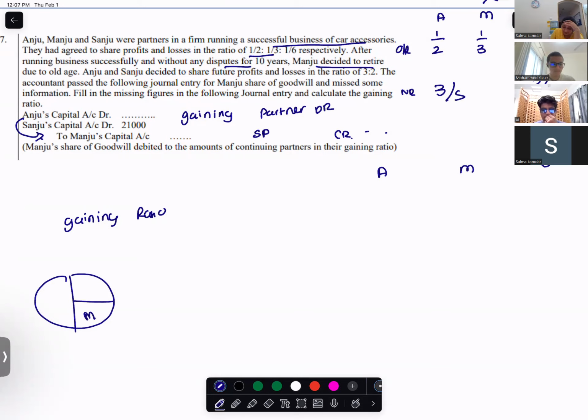Manju will go, and her share will be added to the old ratio of the others. So new ratio minus old ratio is the gaining ratio.